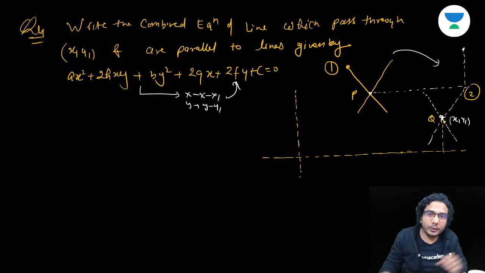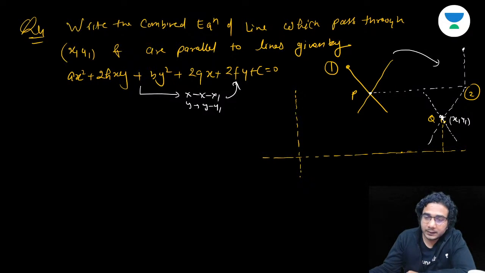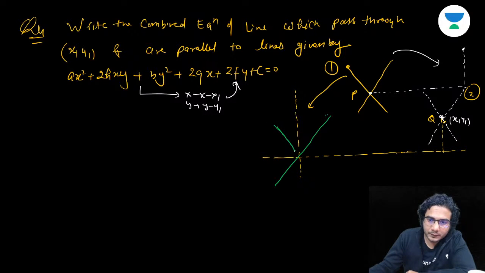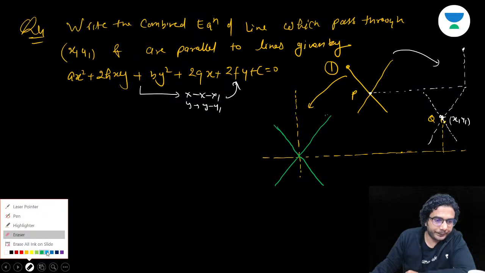So what you need to do is, first you bring this curve to the origin. How would you bring it? If you bring this curve to the origin, then it will look like this. What is the equation of this one, curve 2?